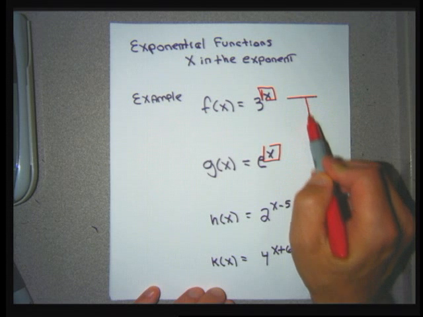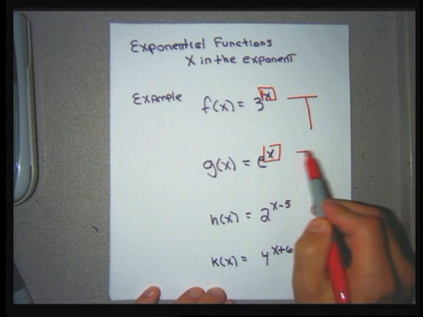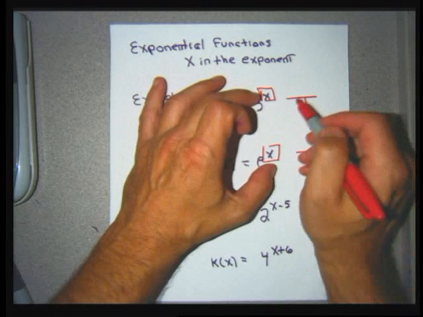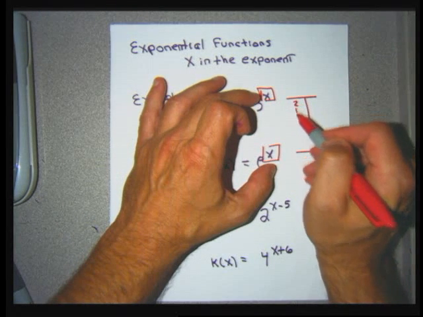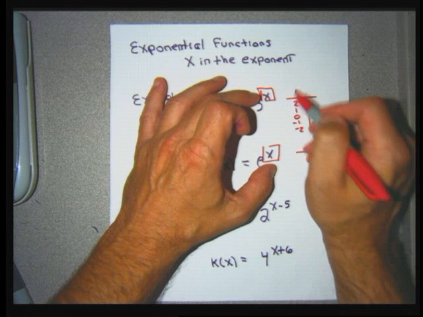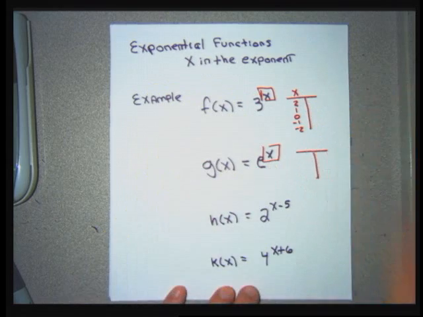If the exponent is like these first two examples, meaning it doesn't have a plus or a minus with the x in the exponent, the table of values that I use to sketch my graph would start off with 2, 1, 0, -1, and -2 in the x column.